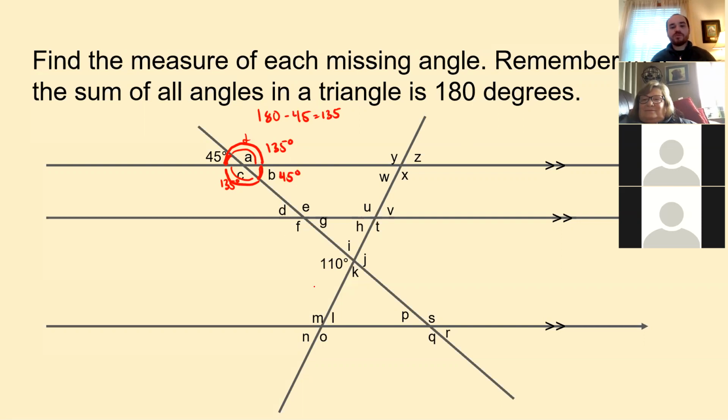Now, moving on, we can do the same idea with the 110. We could fill in these ones next if we wanted to. We could also potentially move down to D, E, F, and G, and I'm going to go ahead and do that. So D, E, F, and G have a special relationship with A, B, C, and D. Can anybody tell me what this line here is called? One that I'm highlighting, but doing a really bad job of.